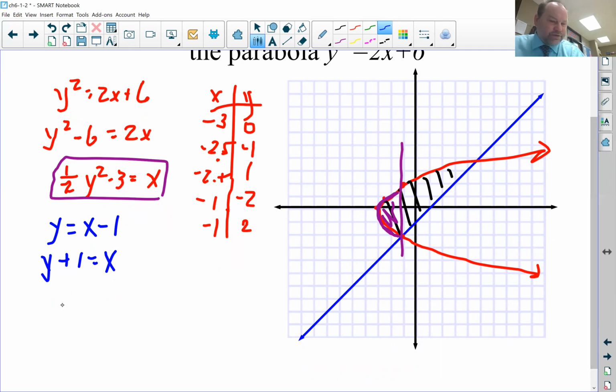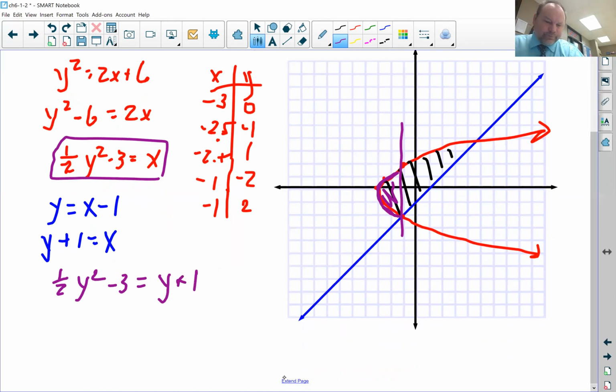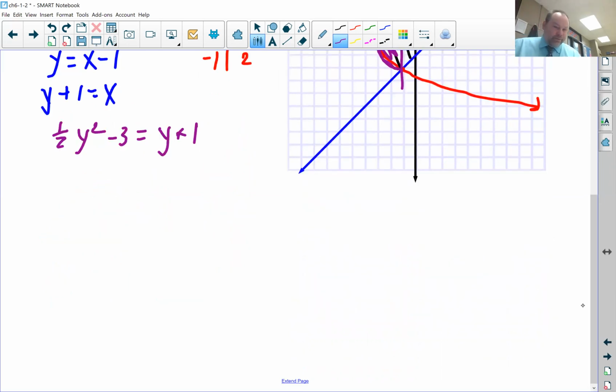So if I set these two equal to each other, ½ y squared minus 3 equals y plus 1. It might be a good idea to multiply everything by 2, just to eliminate the fraction in front of the y squared.